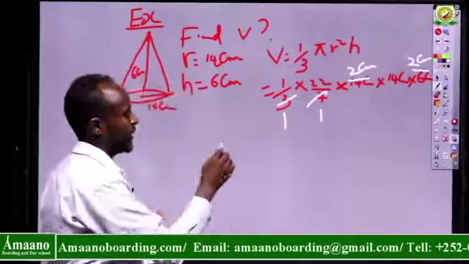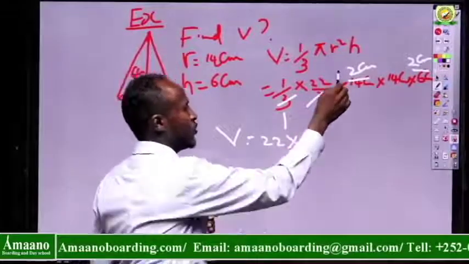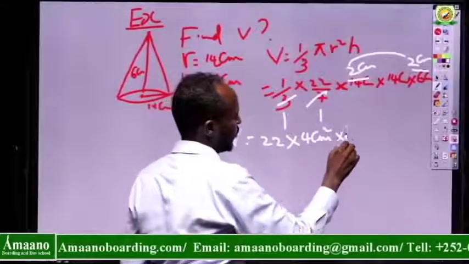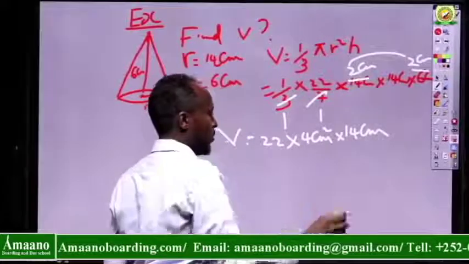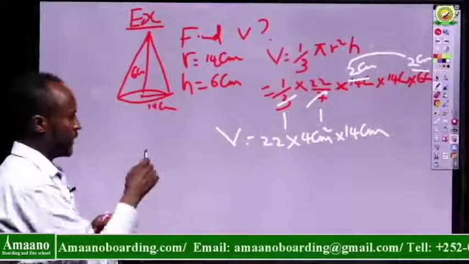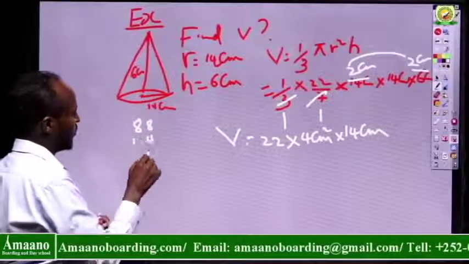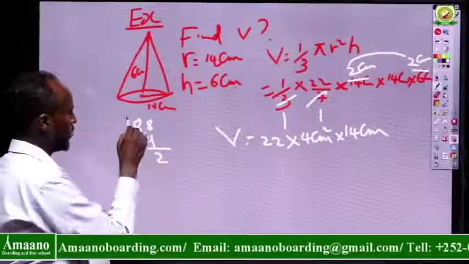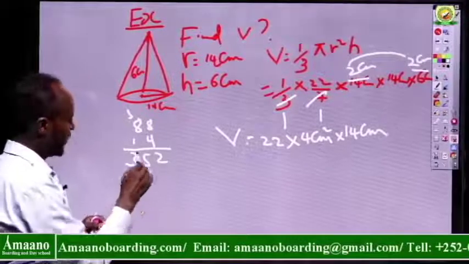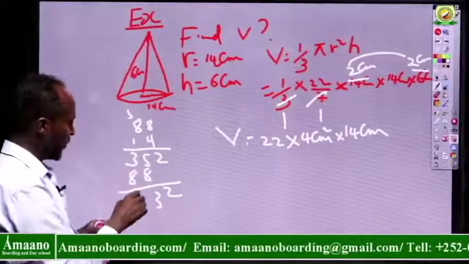Therefore, what is left is that the volume is 2 times 2 times 2, we have 8, times 22 times 14 centimeters. Let us multiply.